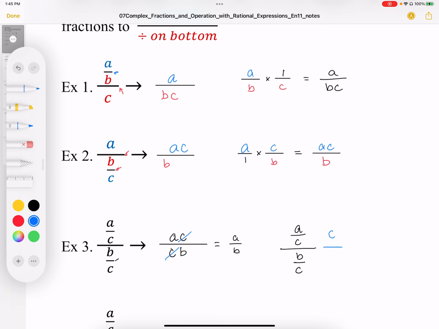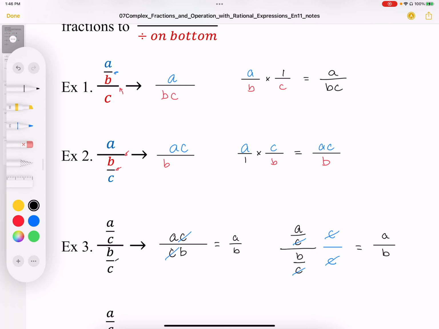If I do that, I'm really just multiplying by C over C, which is 1, so it doesn't change anything. But this times and divide cancel out. This times and divide cancel out. And that ends up giving us A over B.